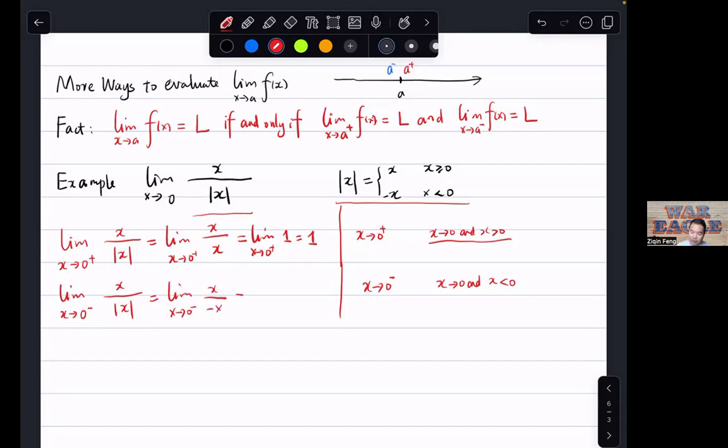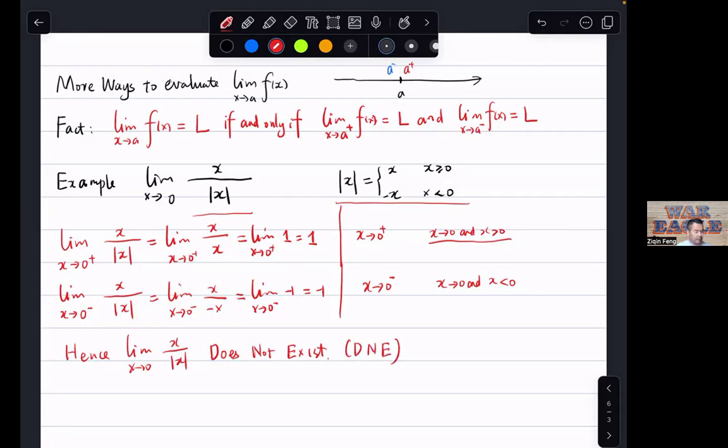By some algebra, this is negative 1. We know that 1 is not negative 1. Hence, our conclusion, using our fact, is that the limit as x goes to 0 of x over the absolute value of x does not exist. Sometimes we use DNE to represent does not exist.